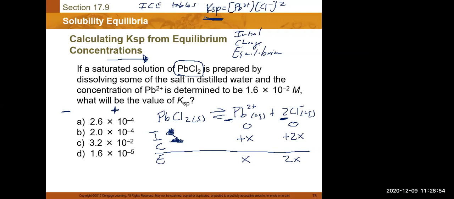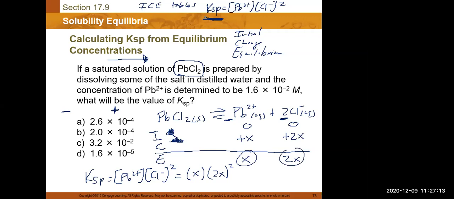So we can still do the same thing. We can take our expression and put our values in there, which would give us x times 2x squared. Basically just taking these at the equilibrium and putting them into here.